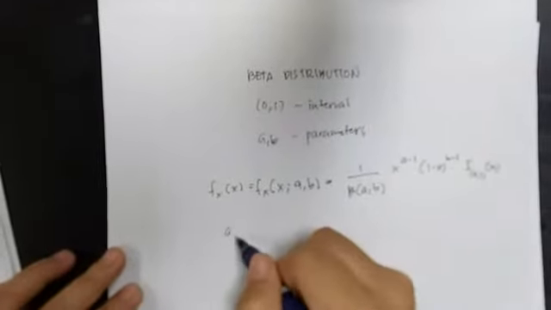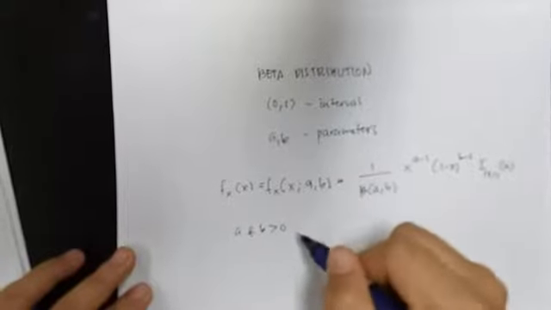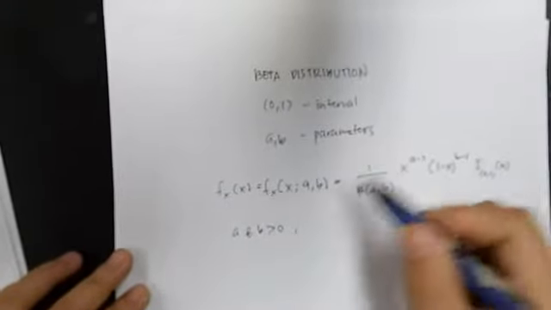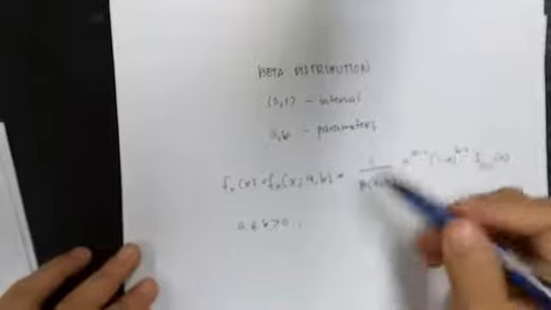Of course, a and b are greater than 0, then x is defined as a beta distribution.